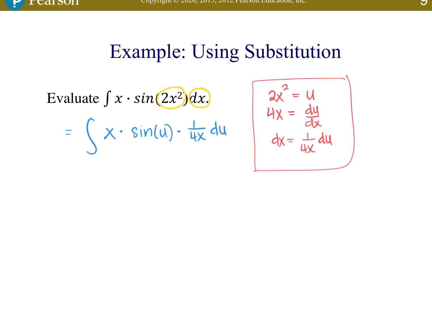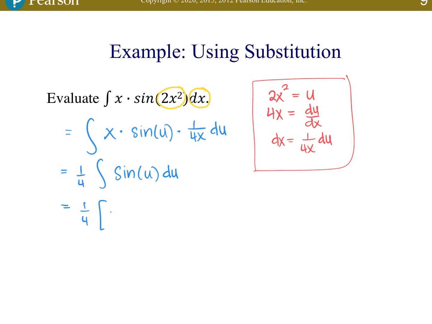So when we trust the process, we should see that my x terms reduce, leaving me with the constant of 1/4 out in front of the integral of the sine of u du. So everything should work out real smoothly for us.